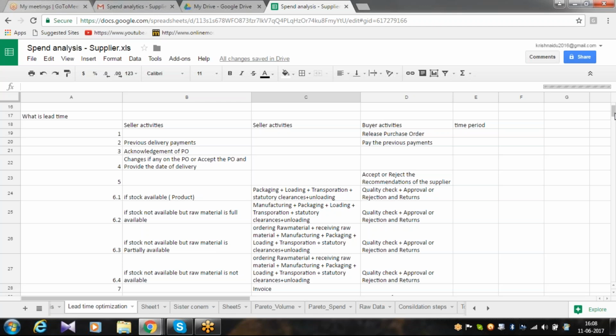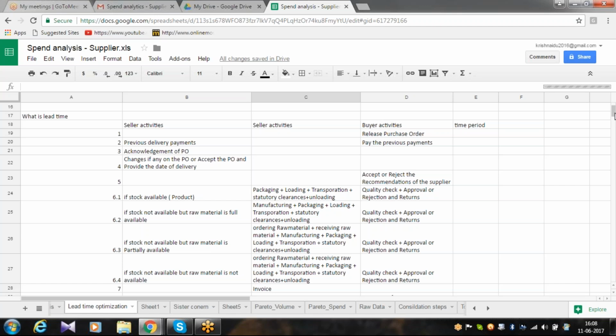Between seller and buyer there will be multiple activities happening, and each activity will take some time to accomplish. So the number of activities happening between seller and buyer will determine the lead time.